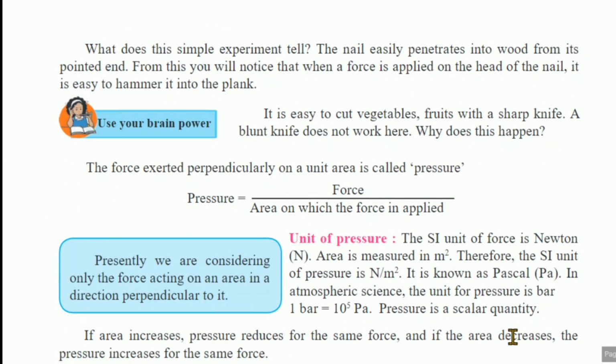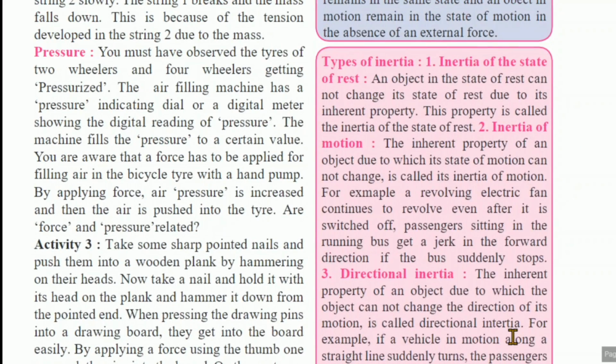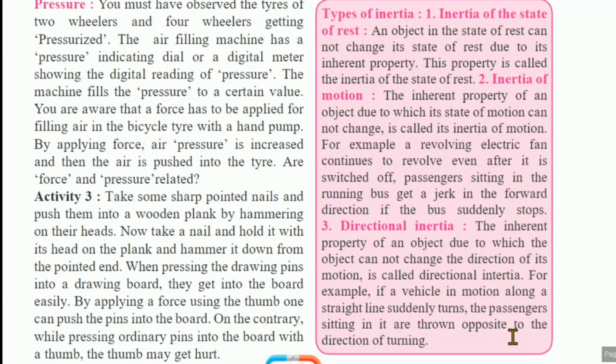Next point is pressure. What is the concept of pressure? With certain examples we will discuss pressure. You must have observed the tires of two-wheelers and four-wheelers getting pressurized. The air filling machine has a pressure indicating dial or a digital meter showing the reading of pressure.